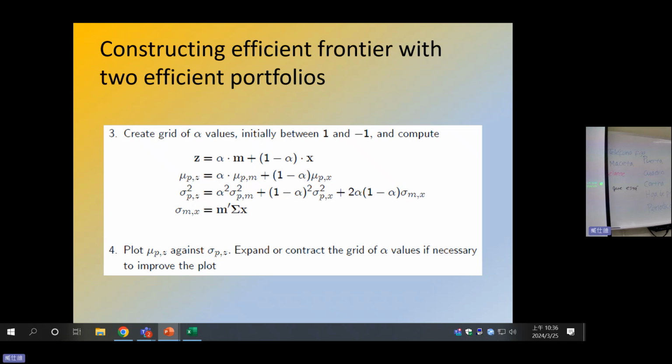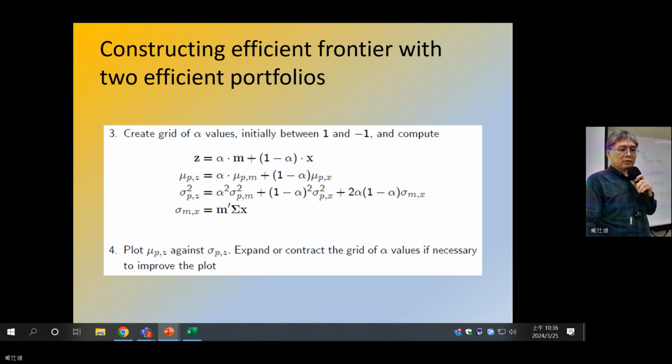And X is the weighting for the portfolio X, because portfolio X is the efficient portfolio for a given rate of return. So we can easily calculate that without any problem.